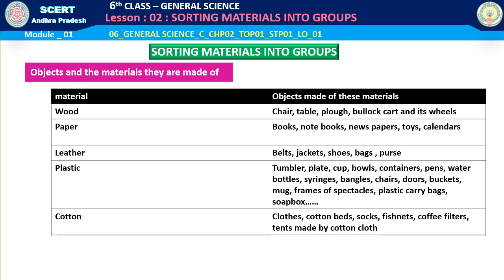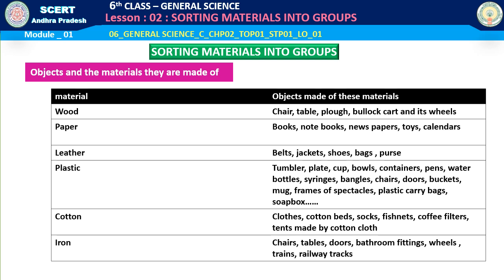By using cotton, we will prepare clothes, cotton beds, socks, fish nets, coffee filters, tents made by cotton cloth. And by using iron, we can prepare chairs, tables, doors, bathroom fittings, wheels, trains and railway tracks.